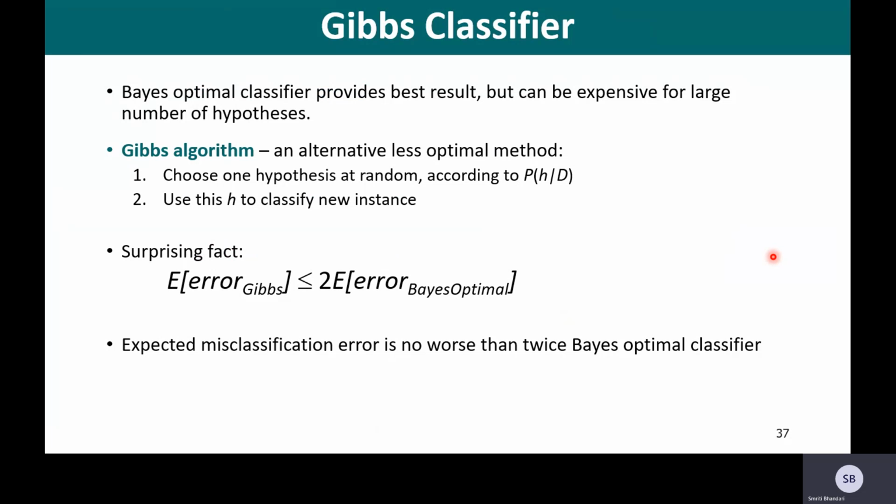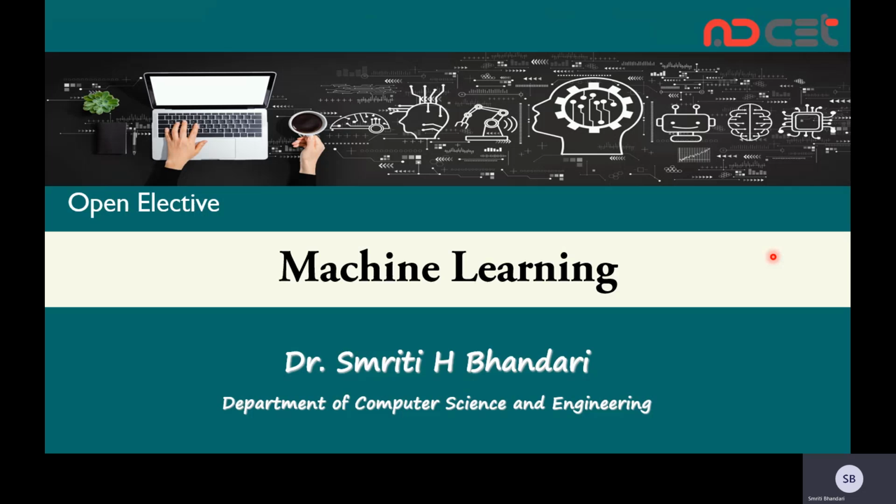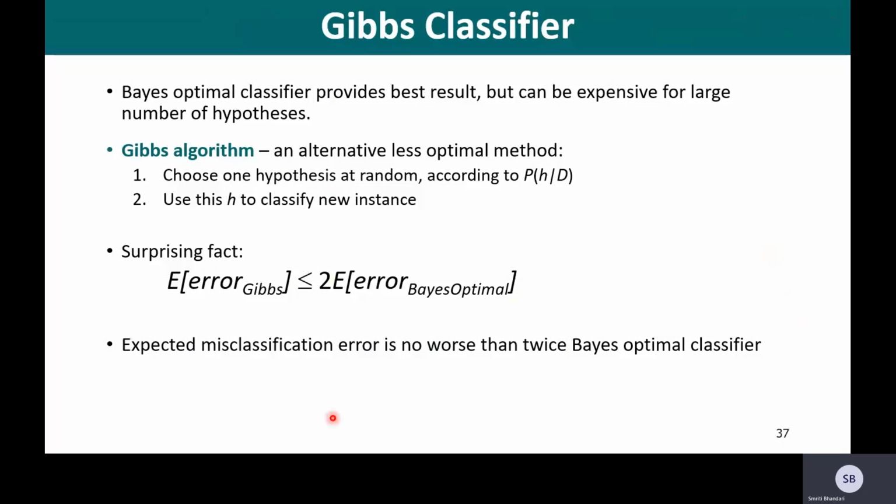And this is a simple modification of the Bayes optimal classifier, which is known as Gibbs classifier, and surprisingly, it gives us results that can be accepted, right? And the computational overhead is also minimal. Okay. So with this, let us conclude today's session. Thank you.